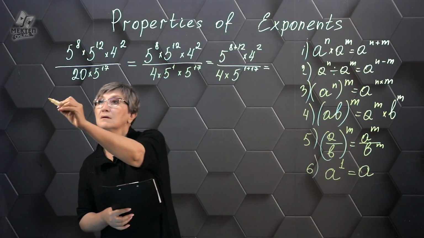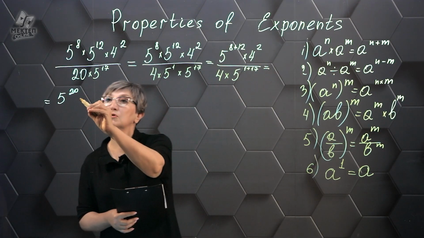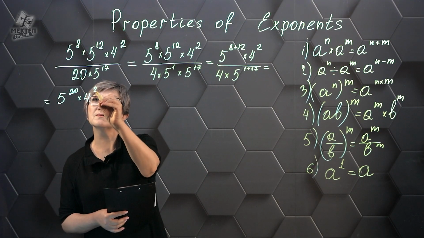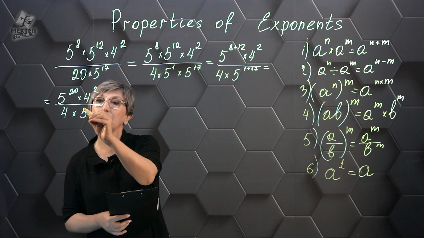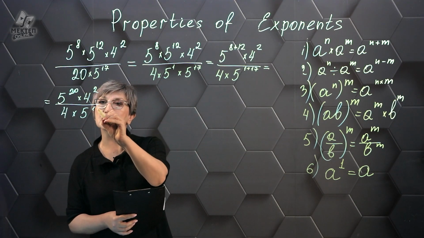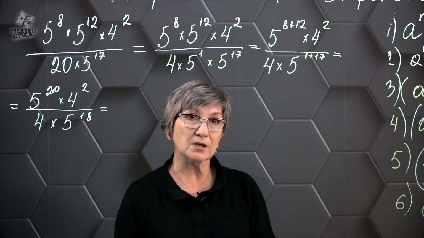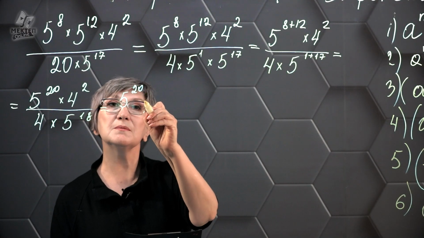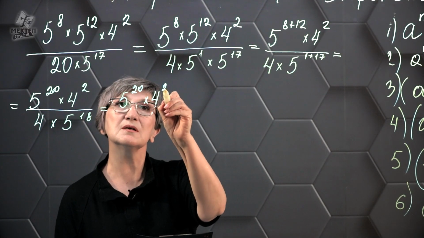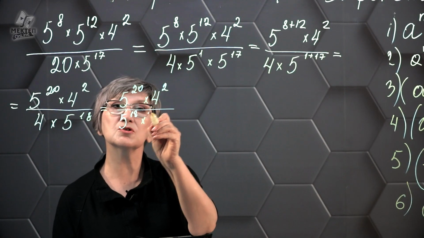And now, in the numerator, 5 to the power of 20 times 4 to the power of 2, divide by 4 and multiply by 5 to the power of 18. We can apply again the properties, but to do that, let's rewrite. 5 to the power of 20 times 4 to the power of 2, divide by 5 to the power of 18 times 4.